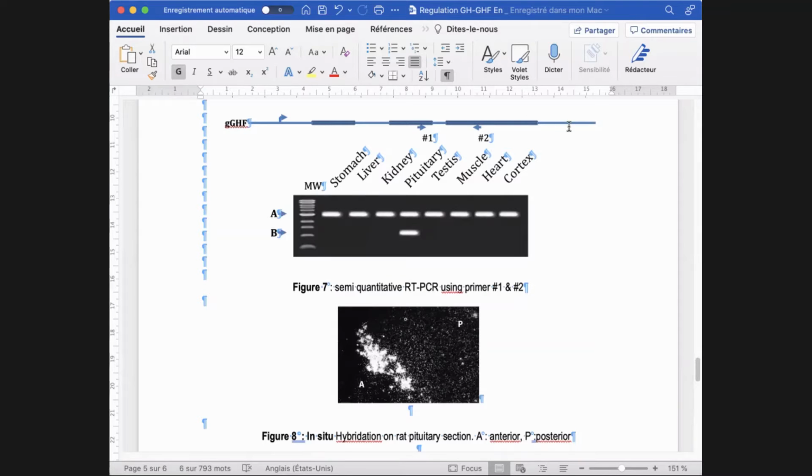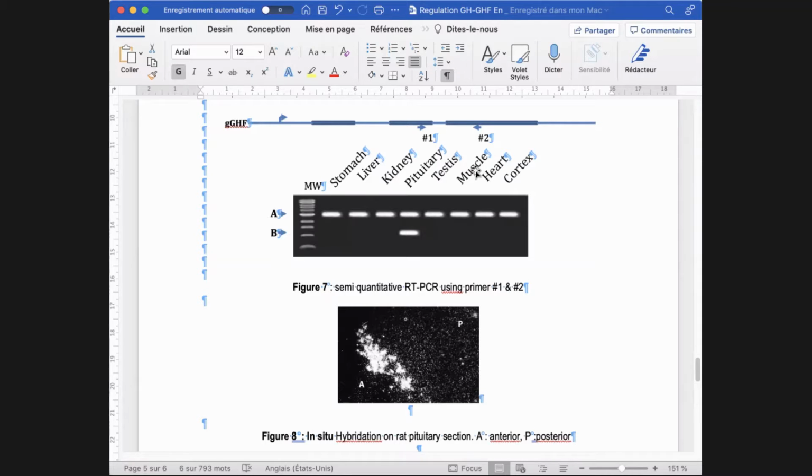So you have the genomic structure of this famous gene, 3 exons, 2 introns, the sites of the 2 primers used in the PCR, and you see that they have been chosen in 2 different exonic sequences that are flanking 1 intron. They did the PCR on cDNA coming from different organs.